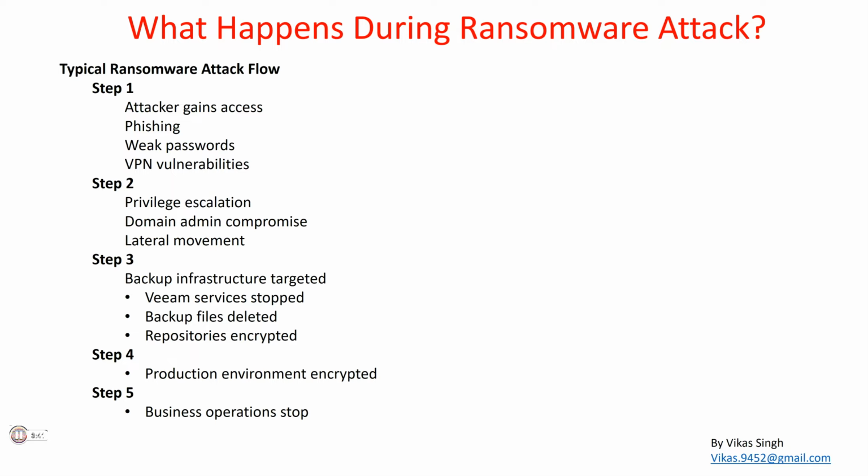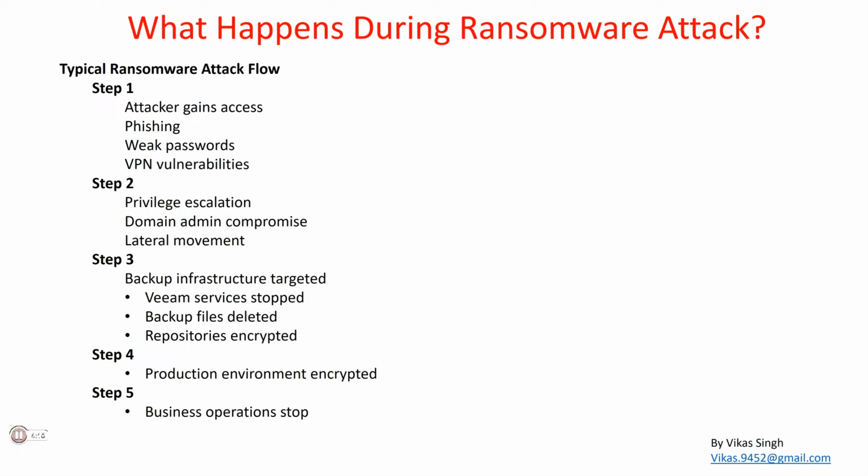Now step three, target backup infrastructure. This is where ransomware becomes dangerous, and where you need to implement your security. The attacker specifically searches for the Veeam backup server, backup repositories, storage servers, and hypervisors. Once they find these, they stop Veeam services, delete backup jobs, remove restore points, and encrypt the repository.